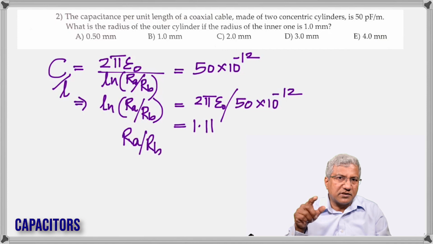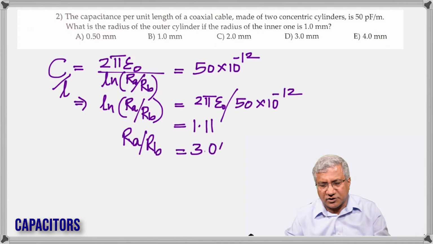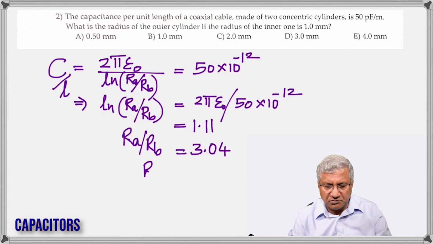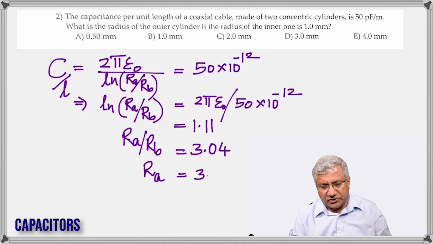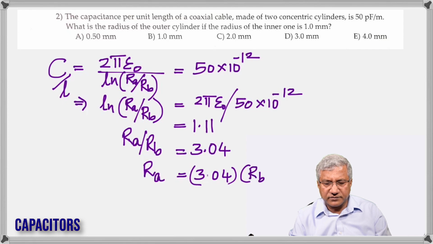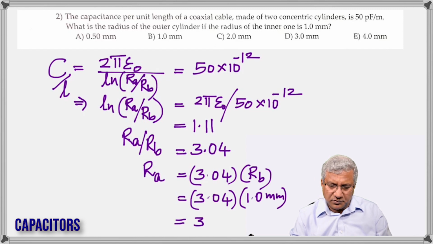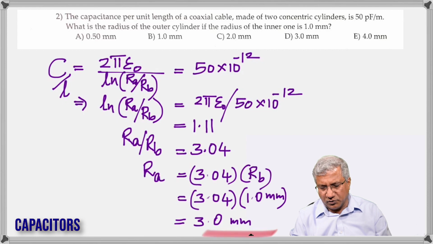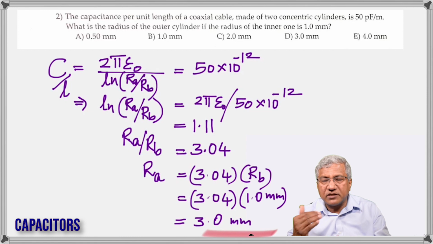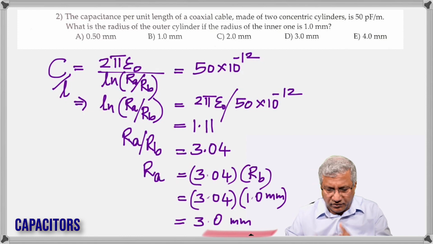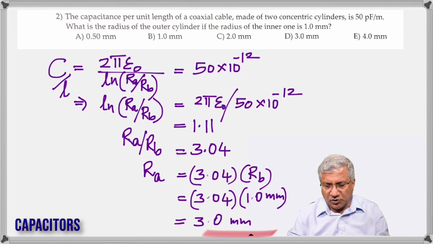Remember, I separated C by the length because that's what is given, picofarad per meter. And then do the calculations, you get RA, which is what we're looking for. RA is 3.04 times RB, which is 3.0 millimeter. So the radius of the inner one is 1 millimeter, and the radius of the outer one is what we are looking for.